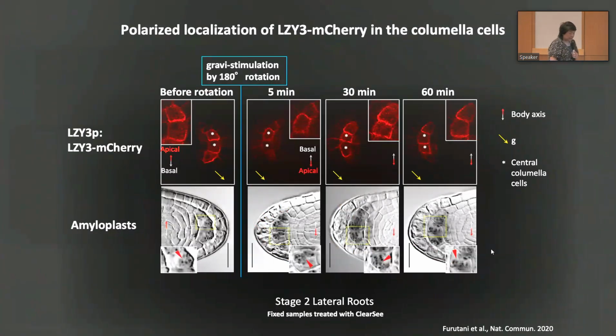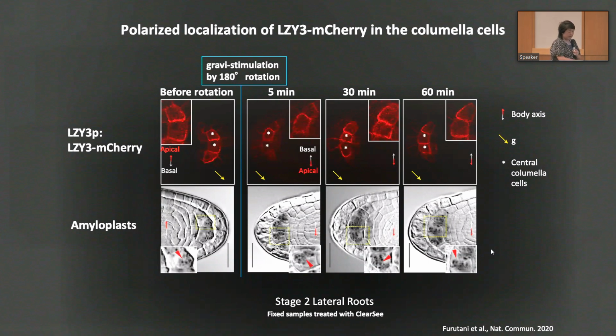So we found that the LZY3 protein exhibits interesting intracellular localization in columella cells. As you can see, LZY3-mCherry was polarly localized in the direction of gravity. And 30 minutes after gravity stimulation by turning upside down, LZY3-mCherry was repolarized to the new bottom side of the cell.